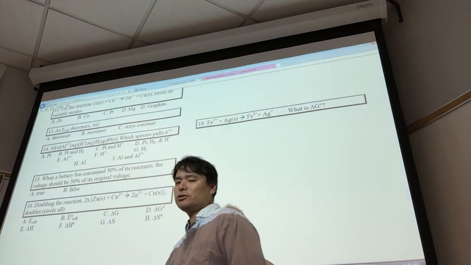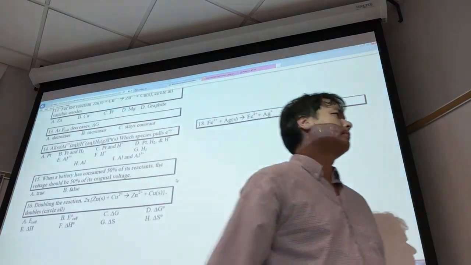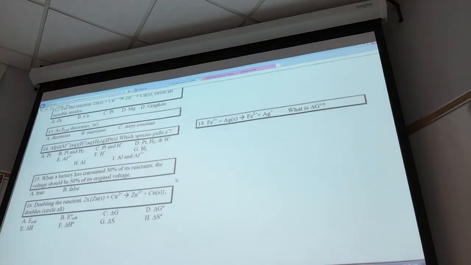If we raise the concentration of which aluminum? Aluminum ion. Over here? Yeah, then that's going to change the potential, for sure.